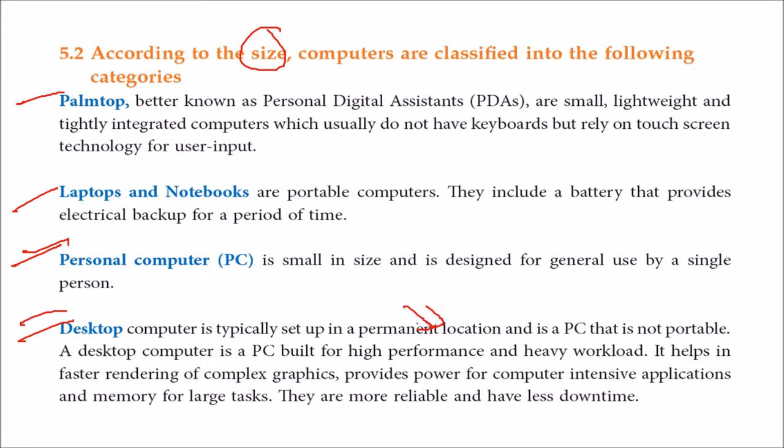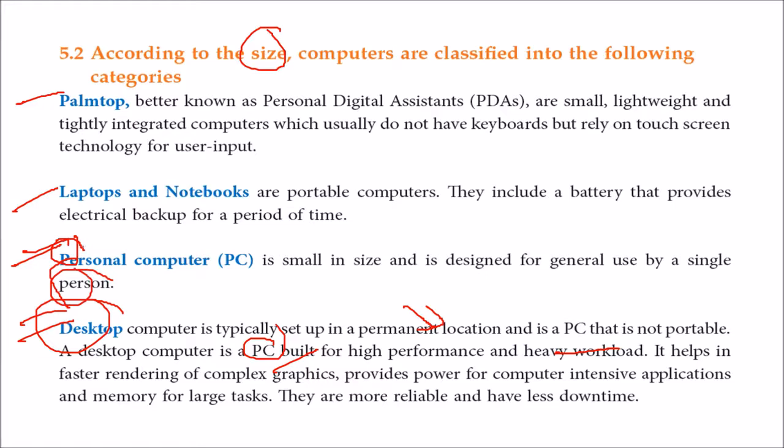The desktop computer is a PC with high performance and heavy workload, used for complex graphics and memory or computing intensive applications. They are more reliable and have less downtime than the lower grade, the PC, which is small in size and designed generally for a single person.